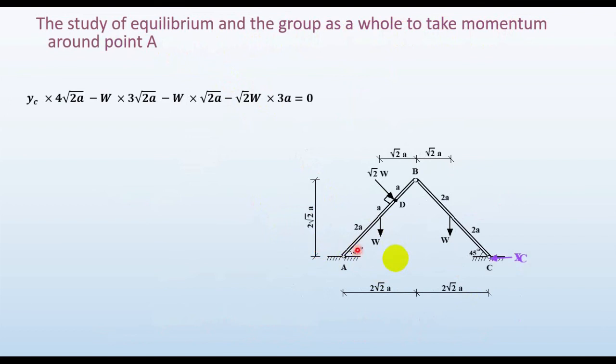If we have X and Y, X and Y, so this one will disappear, and we are going to have sigma M around the point A. So this one will disappear, and this one disappears, and everything going in the same direction, in the same action lines will disappear. So this one will disappear also, and the only thing that will be YC.